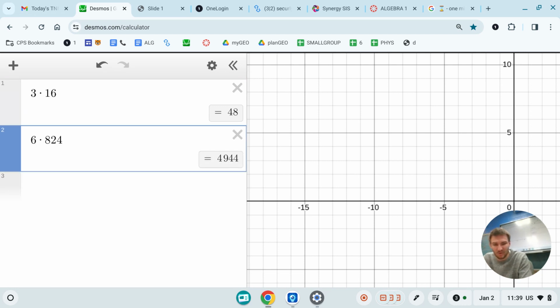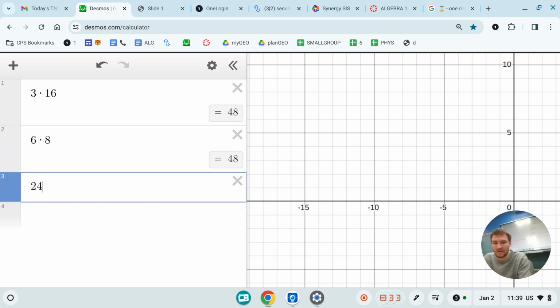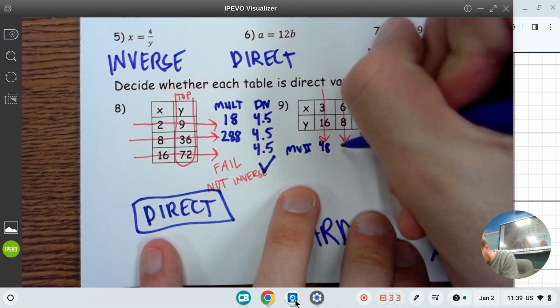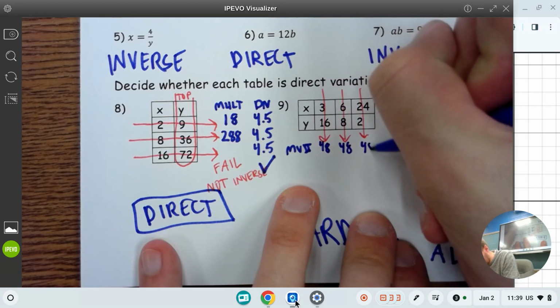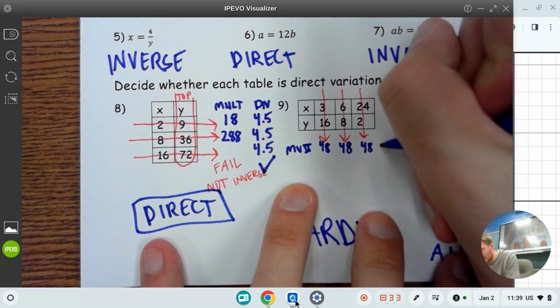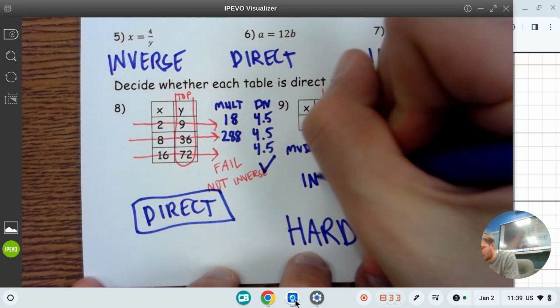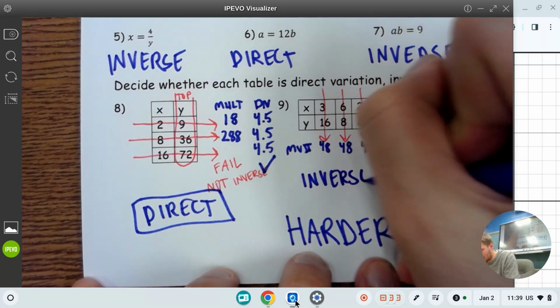What about 24 times 2? That's the easiest one. 24 times 2. 48. So we got 48, 48, 48. That means multiplying is a success. That means we have inverse.